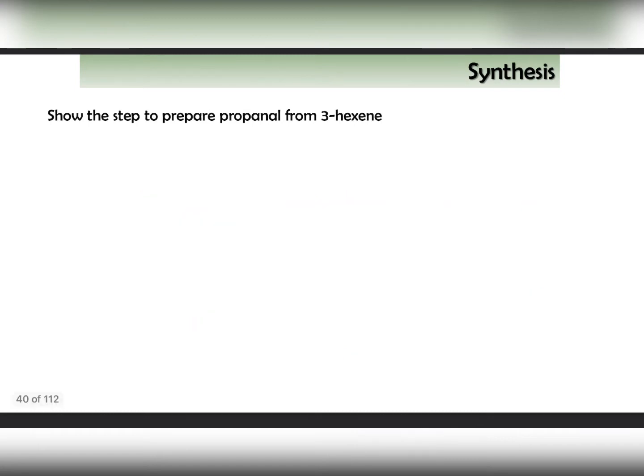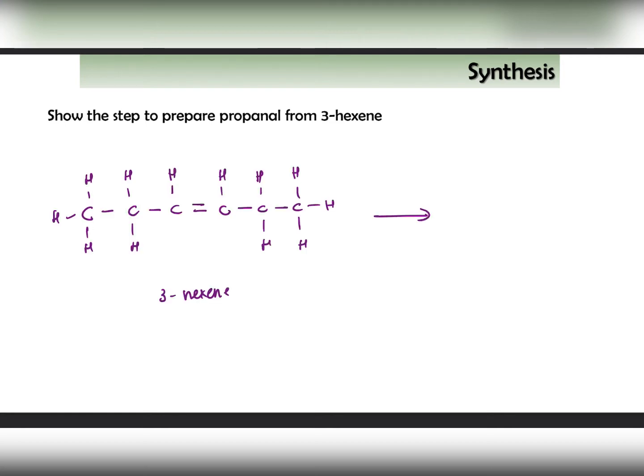The next example is show the step to prepare propanal from 3-hexene. Okay, so sama juga kita lukiskan dulu structure 3-hexene and reaction to form propanal. Okay, so how can from 6 carbon, kita form hanya 3 carbon saja.